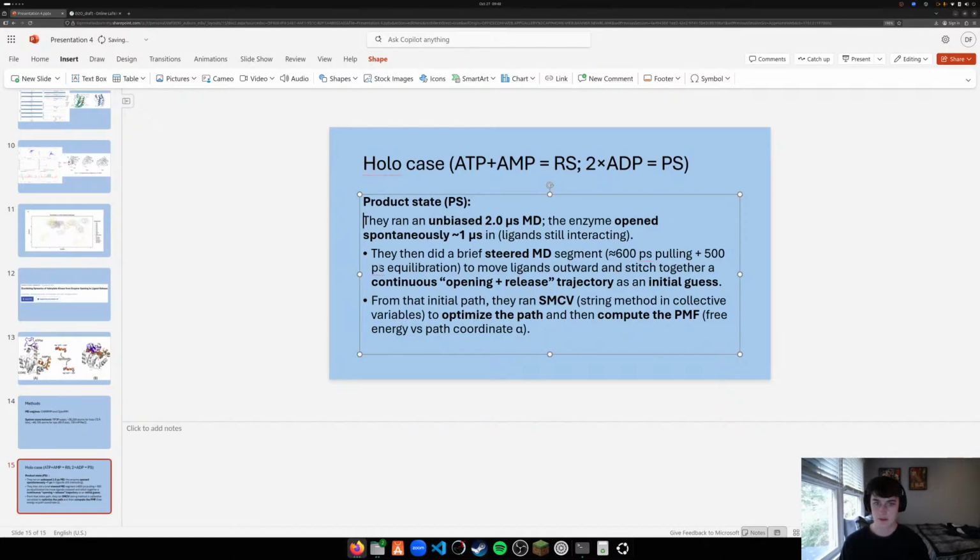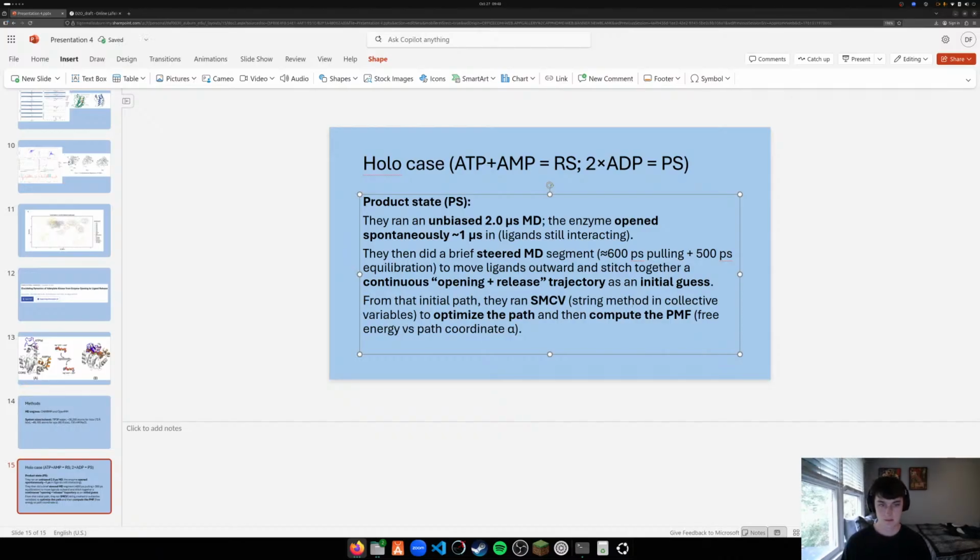They ran unbiased 2 microsecond MD. The enzyme opened spontaneously at 1 microsecond. Ligands still interacting. They did a brief steered MD segment, pulling equilibration to move the ligands outward and stitch together a continuous opening trajectory from the initial path. They ran SMCV to optimize the path, then compute the path coordinate alpha.